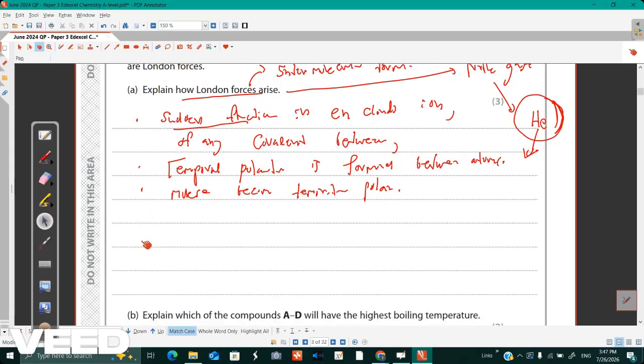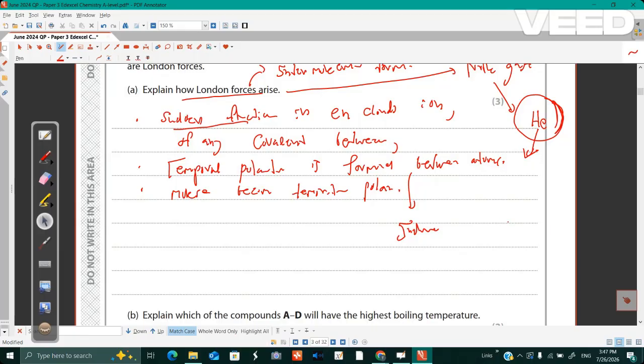so you are getting marks for movement of electrons and for saying instantaneous, right? Sudden fluctuations of electron densities. And you can also say London forces induce a dipole in an adjacent neighboring molecule, right?